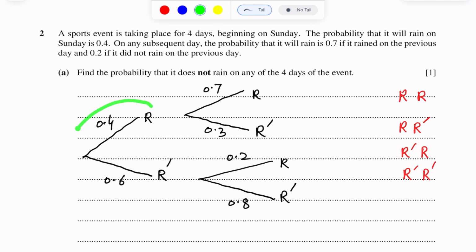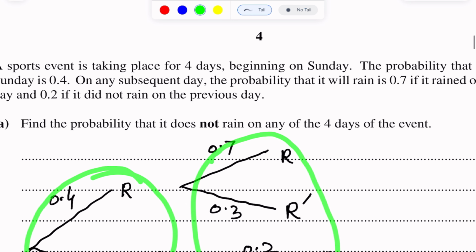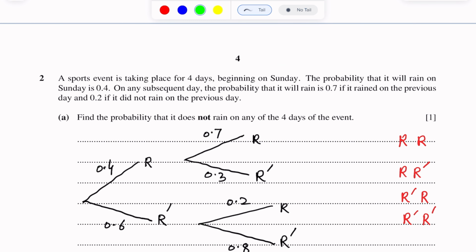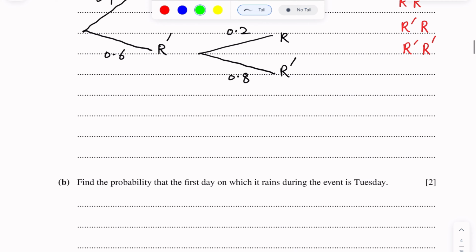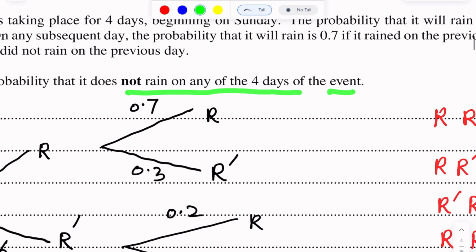Keep it in your mind that we have constructed this probability tree diagram for 2 days. This is for Sunday, this is for Monday, because the event is taking place 4 days beginning on Sunday. We have to find the probability that it does not rain on any of the 4 days of the event.